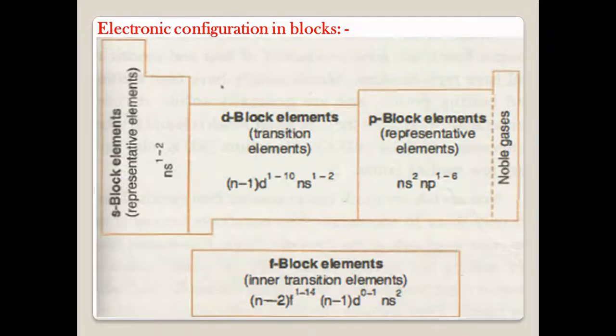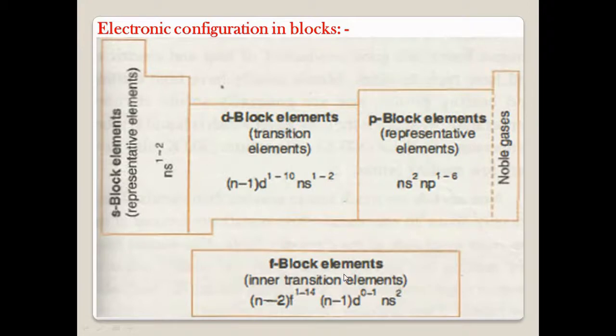In P block elements, the electron is always in the P orbital. Then D block elements are known as transition elements. For transition elements, it is (n-1)d 1 to 10 and ns 1 to 2. This is the general electronic configuration of the D block elements.